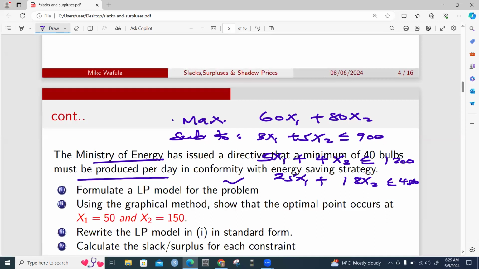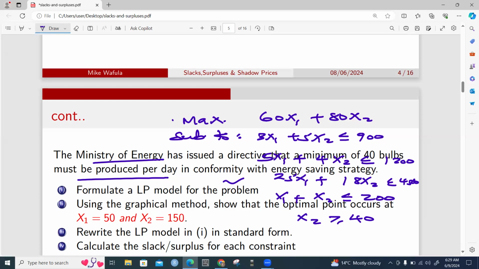Then you have a resource constraint to do with the coating material. We have seen each product requires just one item, so this should be less than or equal to the 200 available. And then we have the ministry directive, which requires that the energy-saving bulbs must be at least 40 per day.